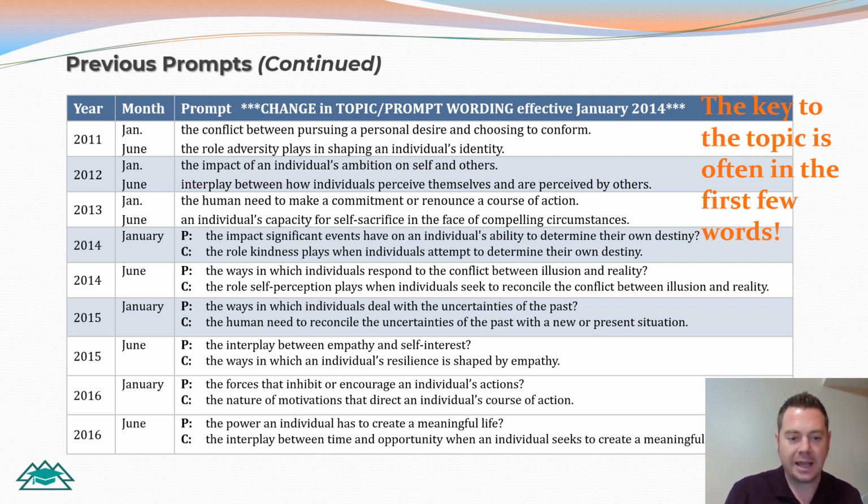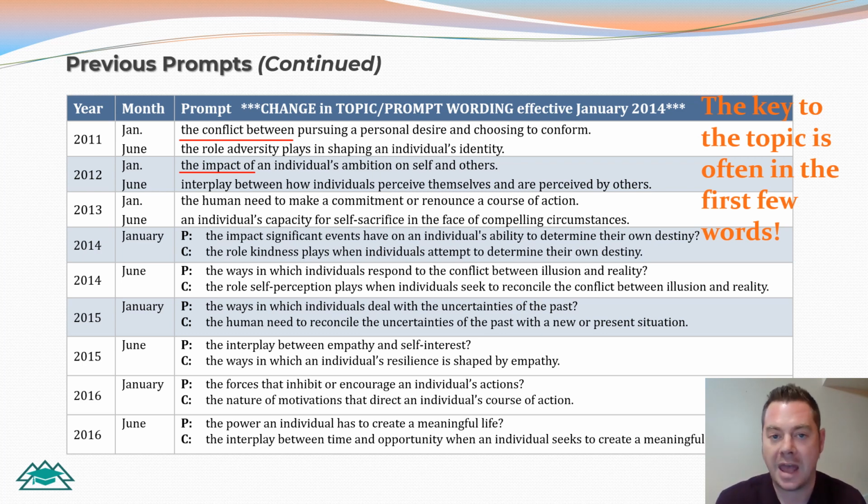So what does that look like? The conflict between pursuing a personal desire and choosing to conform. It isn't just whether somebody goes for a personal desire or chooses to conform. It's a conflict between. So that's almost looking at that decision-making process and how that conflict is significant on somebody, right? Looking at the impact of an individual's ambition on self and others.